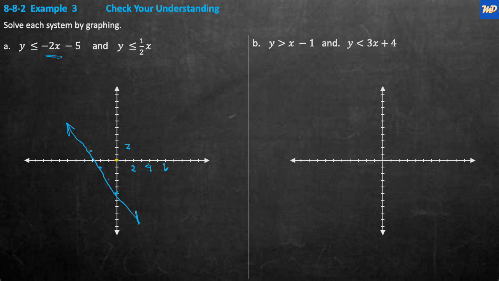Because the x travel distance is 2. Or we can go backwards. Since we're going up 1 and to the right 2, we can go down 1 and to the left 2. So down 1 to the left 2 is right here. Down 1 to the left 2. 1, 2, 3, 4 is about right there. So that line, I missed the dot. Anyway, so that line goes through here.